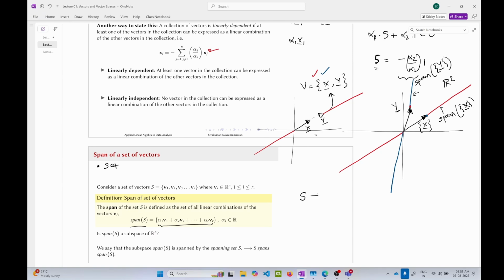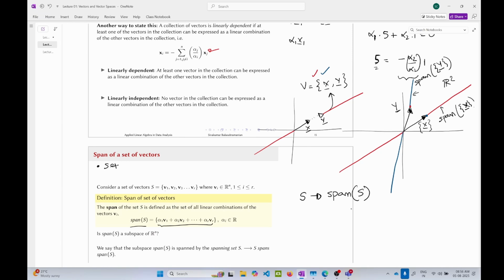So we started with a set and we produced another set, which we're calling the span. The span is also a set. If it's a set, then I can ask, is it a vector space? Because a vector space is a set with special properties.